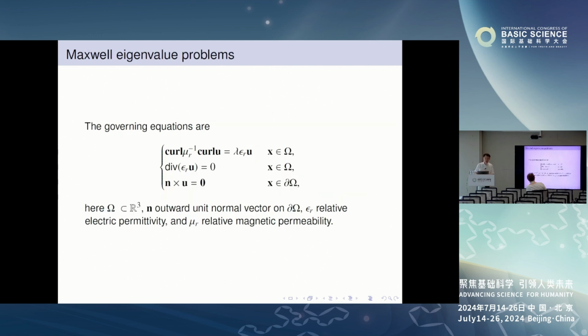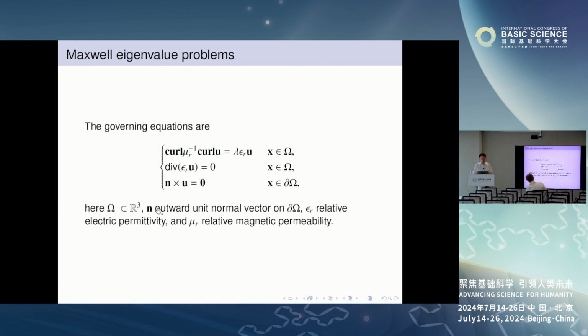So this is a very classical Maxwell eigenvalue problem. In this case, the governing equations look like this. This is typically an eigenvalue problem. This is the curl operator, and lambda is the eigenvalue. You should solve this. An eigenvalue problem in computational mathematics is very difficult, because it is nonlinear.